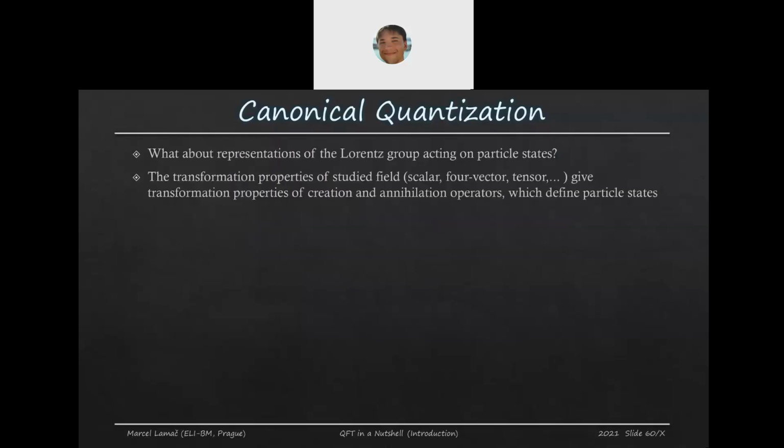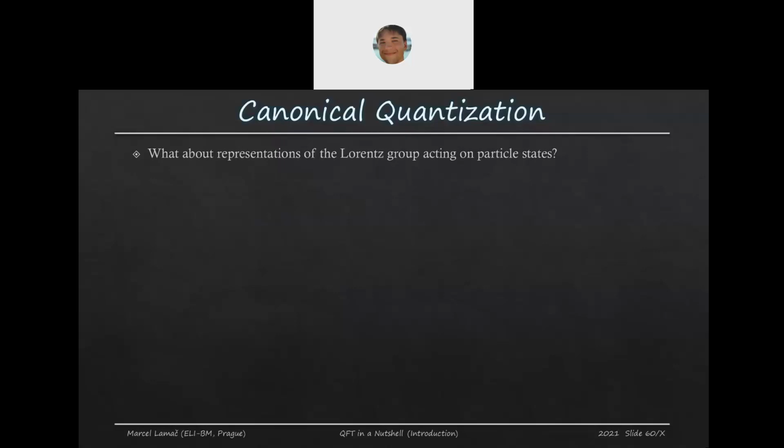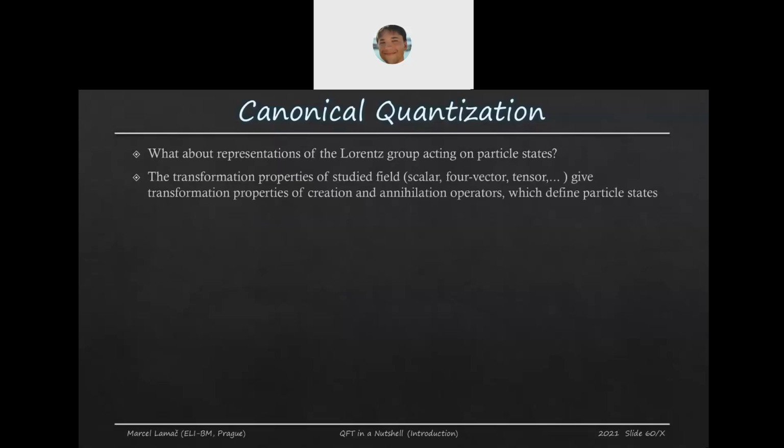The second one will be very fast because we won't do it in detail. We need, of course, the representations of the Lorentz group acting on particle states, and this simply follows from the transformation properties of the fields. We don't have time to study how the fields themselves transform, so you can look this up. But we know that the annihilation and creation operators are defined in terms of the fields.